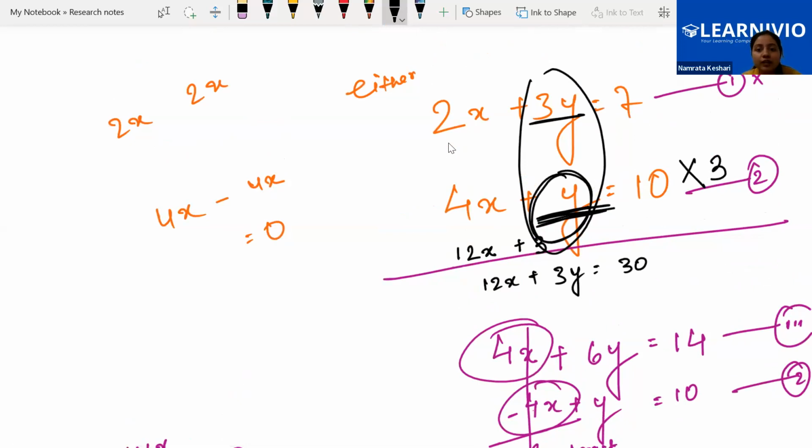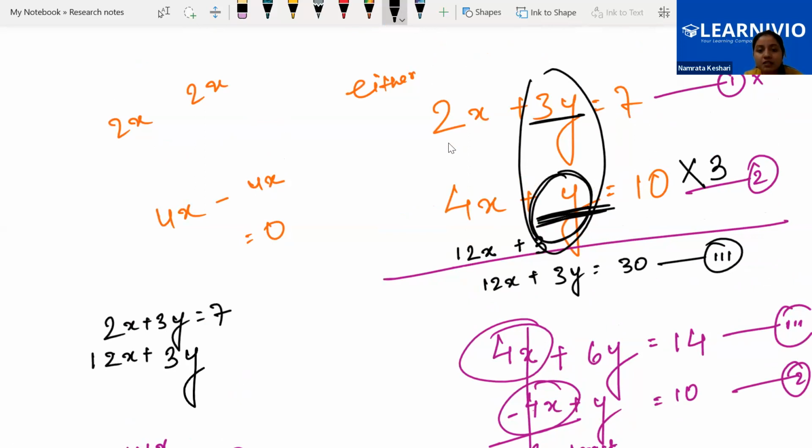So we got 3y. Our first equation is 2x plus 3y is equal to 7, and the third equation is 12x plus 3y is equal to 30. Let's subtract these two equations.